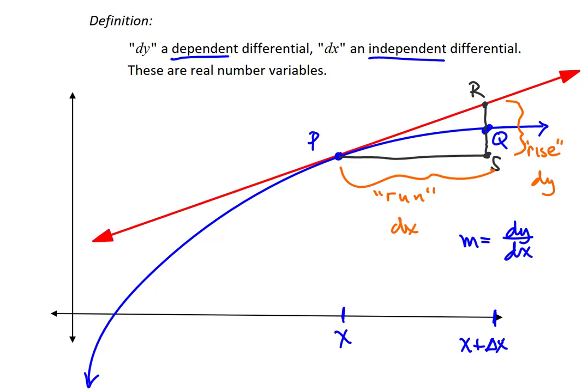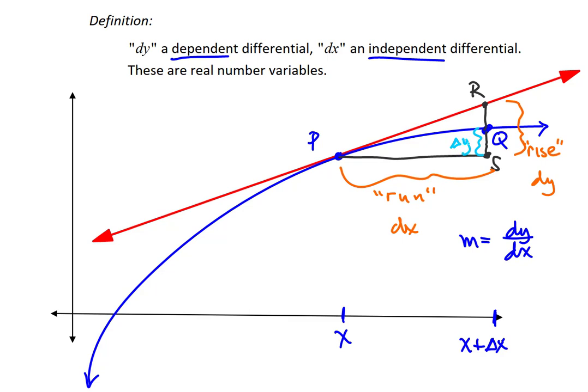Now let's add a little more notation to this already crowded picture, but it's important to add this. We're going to say that the distance from Q to S, if you have those points drawn as we had them, we're going to call that distance delta y. So delta, again, is the triangle symbol.